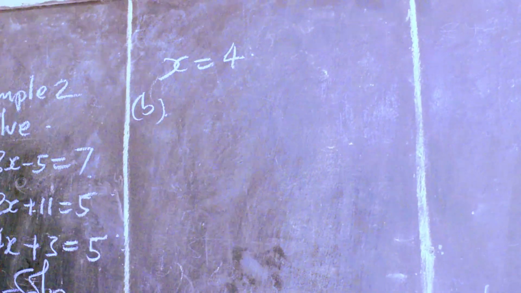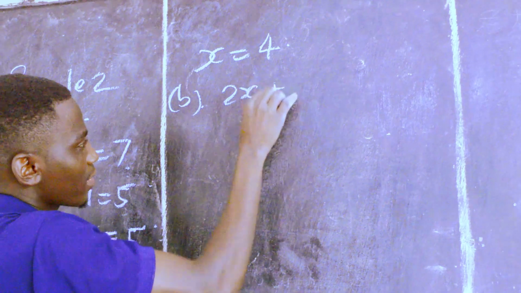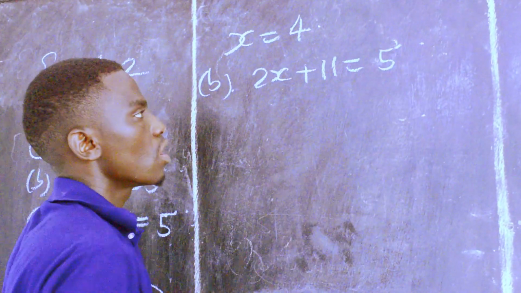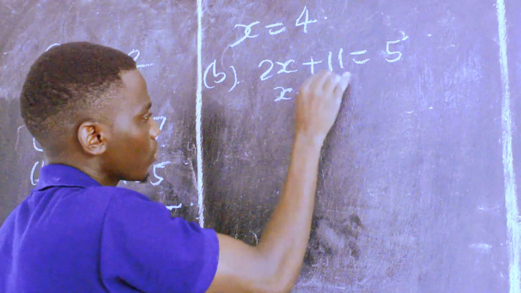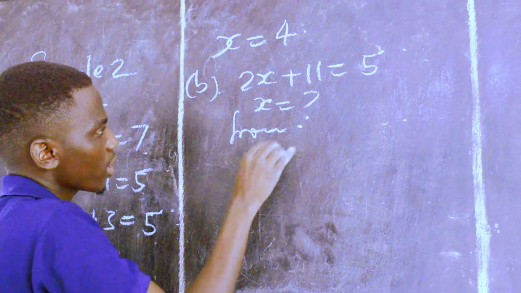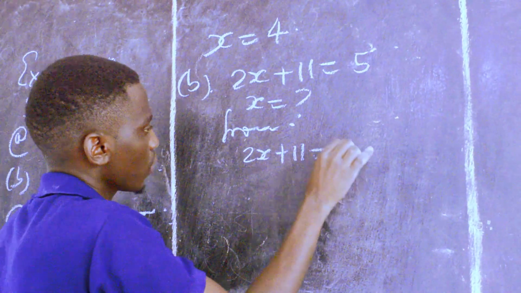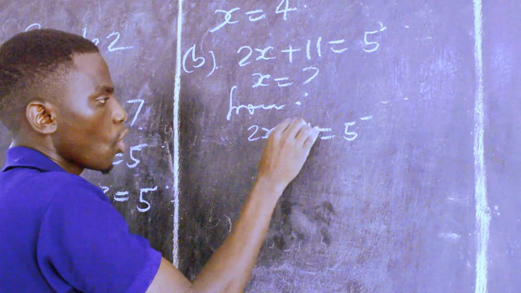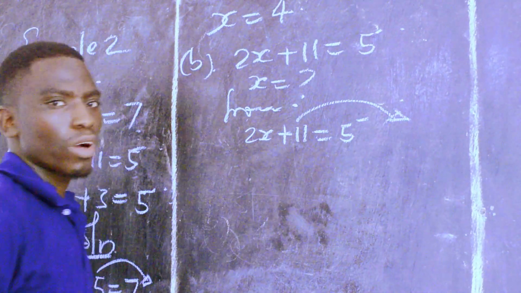B, you have 2x plus 11 is equal to 5. We are finding here the value of x. So from the equation above, you have 2x plus 11 is equal to 5. This 11 is positive. Once it comes on this side, it becomes negative.